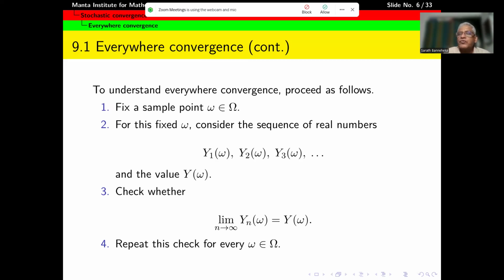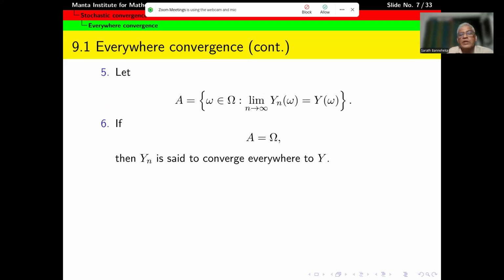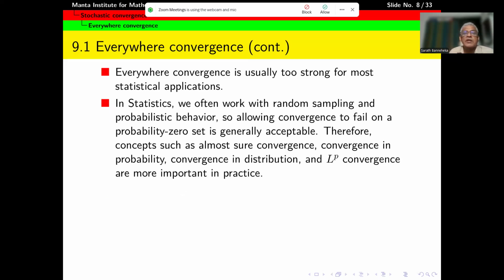Then if A finally equals the sample space, then we say that yn converges to y everywhere, right? So that is how we can understand what this convergence means. Everywhere convergence is usually too strong for most statistical applications because it's very rarely this type of convergence occurs.